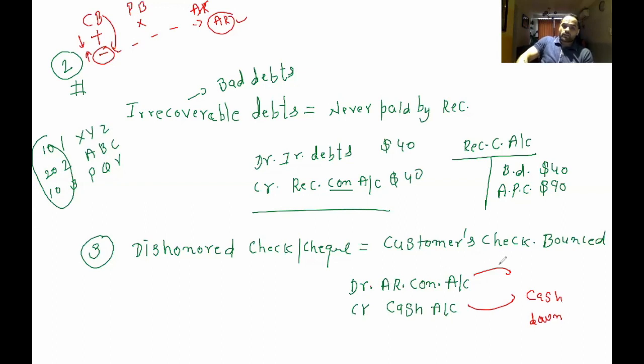And accounts receivable remains the same. Remains the same means finally no change in your accounts receivable, it is still high, right? So that's why debit and credit, right? So that's the idea behind dishonored checks. Keep this journal entry in your mind.